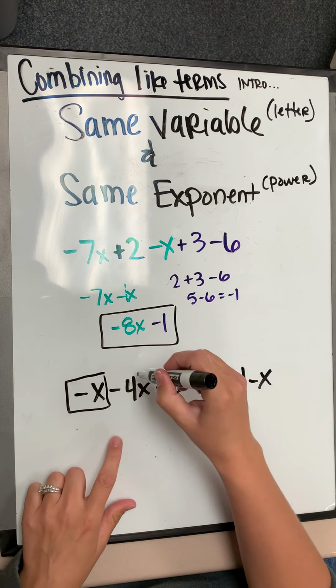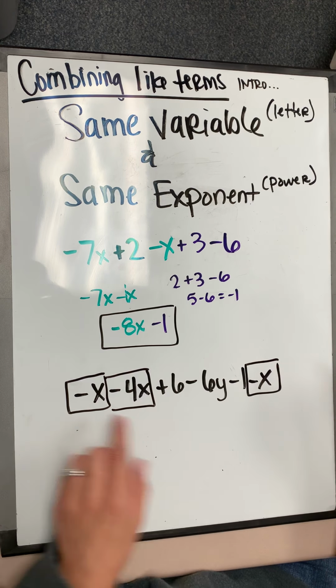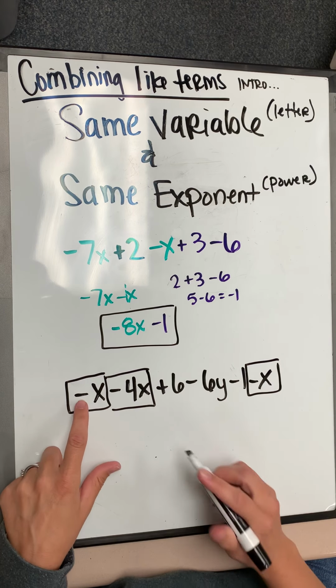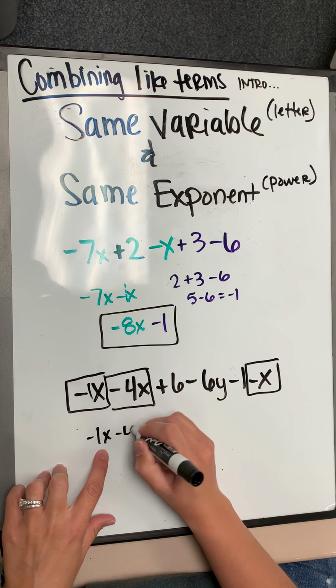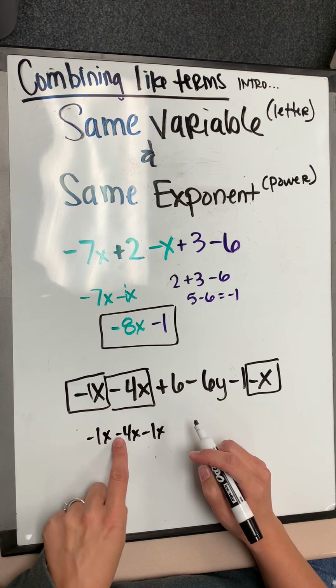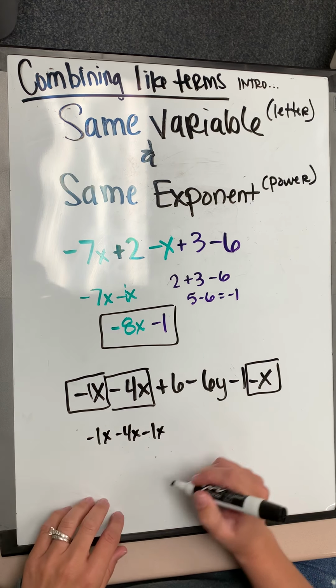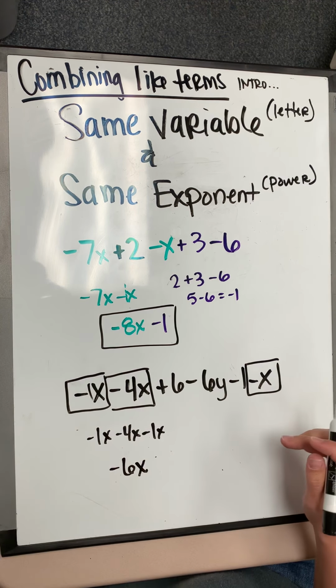So there is an x, there is an x, and here is an x, and I always take that sign in front. So negative 1x minus 4x minus 1x. Negative 1 minus 4 is a negative 5, minus 1 more is a negative 6x. And I've dealt with all of those that are boxed.